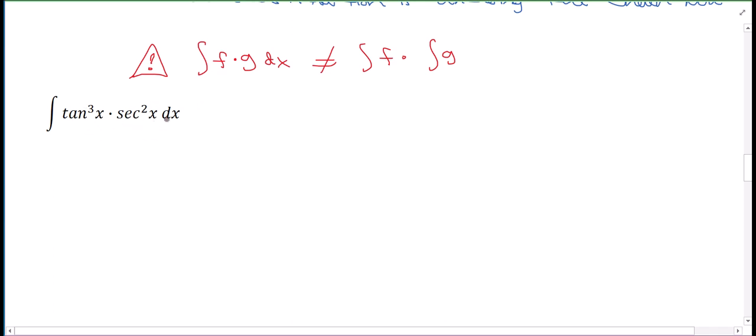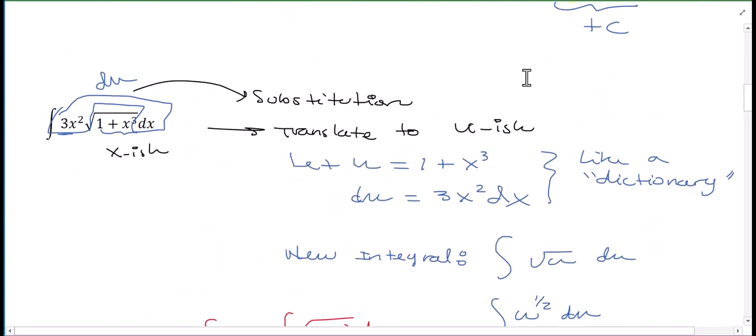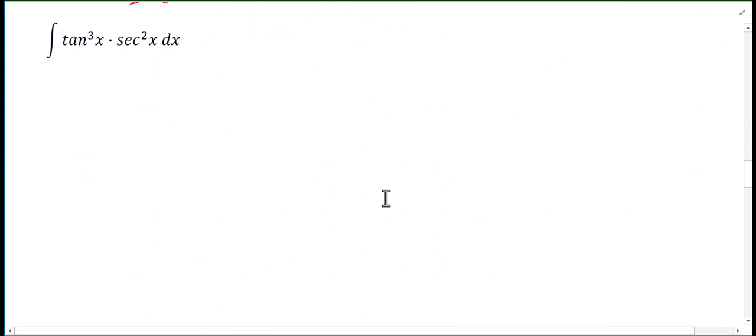So do we have a chain rule going on here? Looks like a product, but notice that you have tangent to the third x. And one of the things that I mentioned earlier was how do you pick your u? You want to pick u to be the thing that if you take the derivative shows up in the problem. So here, do you see something that if I take the derivative, it shows up in the problem again?